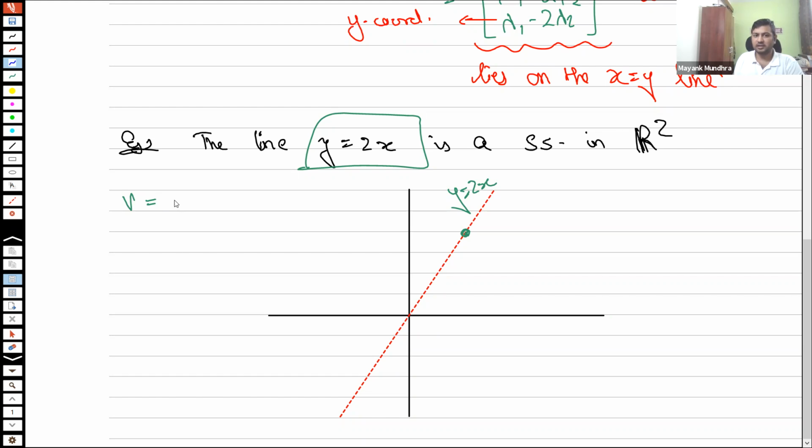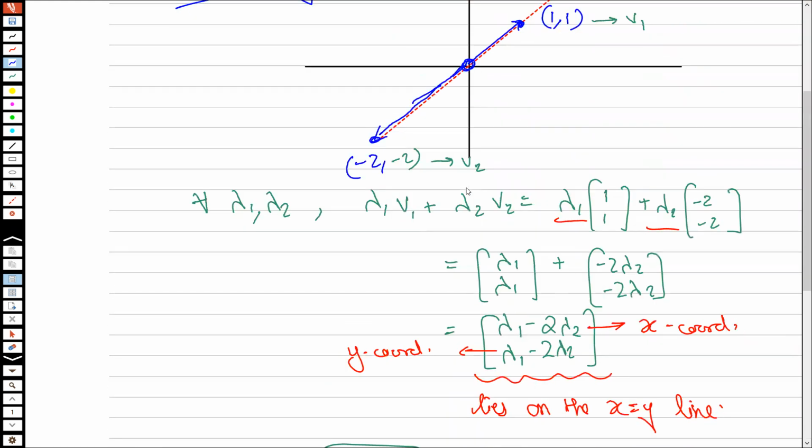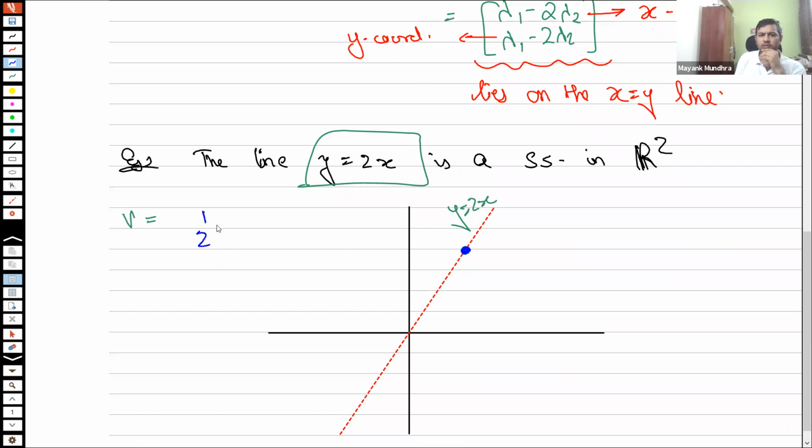Yuvakshi, can you give me the general form of any point along this line? Sir, 1 comma 2. Very good. 1 comma 2 is the vector, and then I multiply with any lambda. So lambda times (1, 2) is the general form of any point on this line.